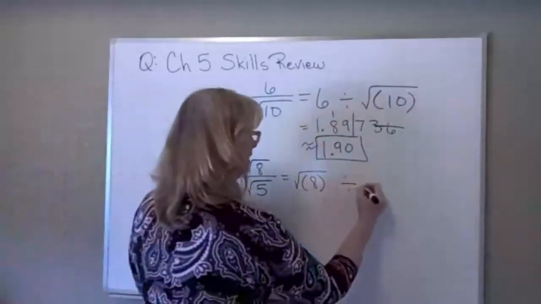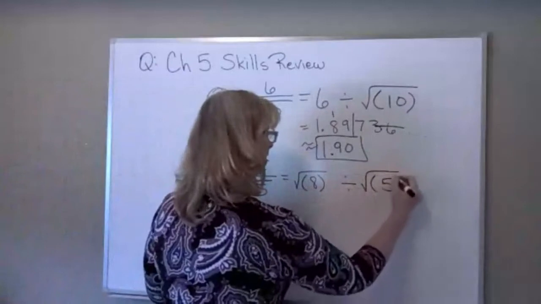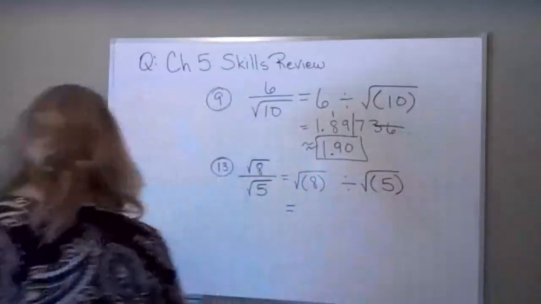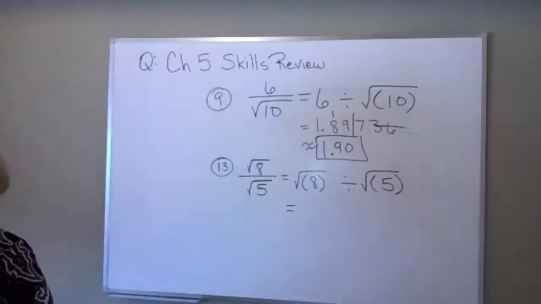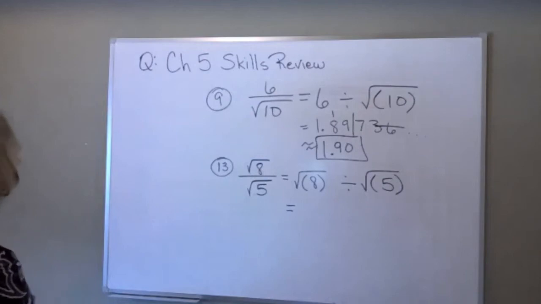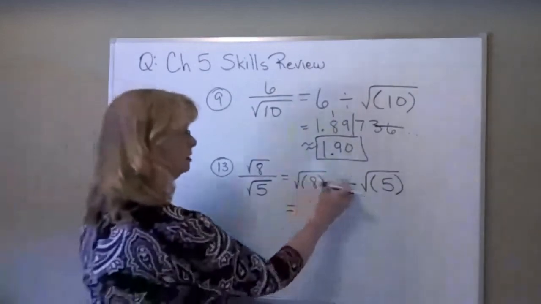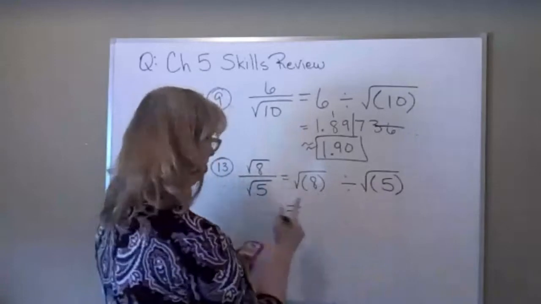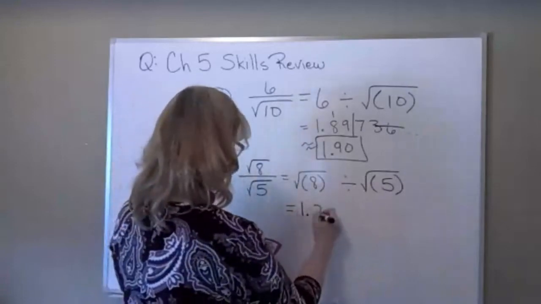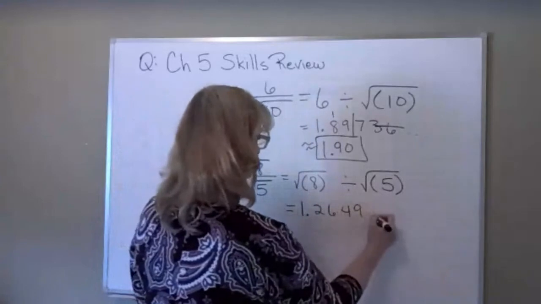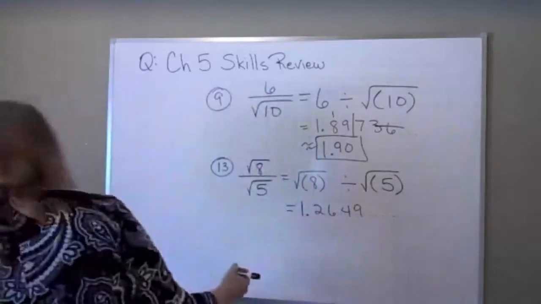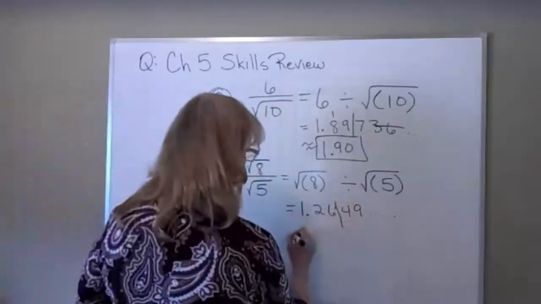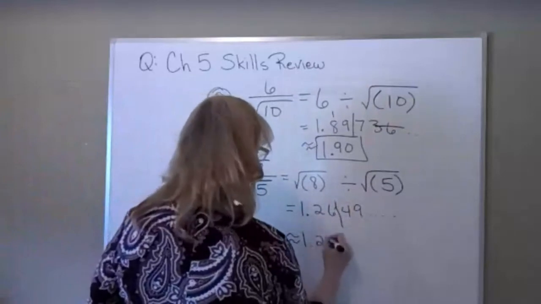Then we're going to divide that by square root 5, making sure that we put parentheses around both of those radicands. That's what the number under the radical is called, a radicand. And this one says round to 2 places, which is going to be 1.26.